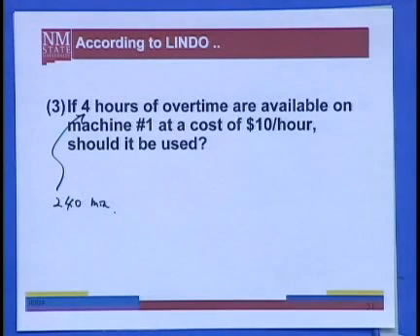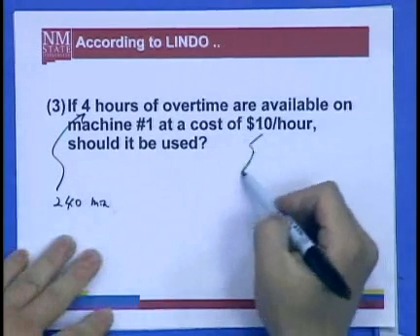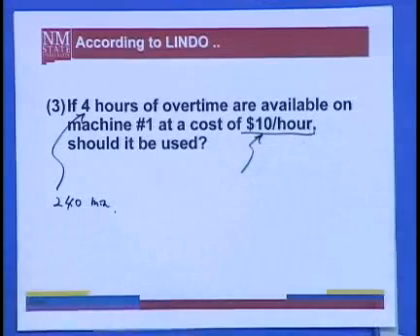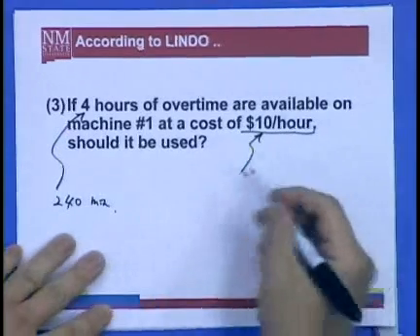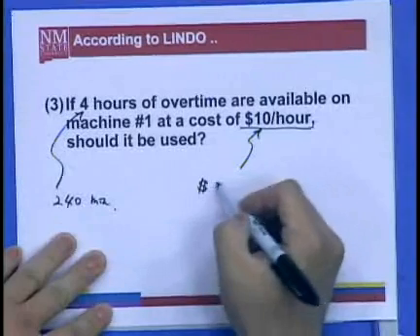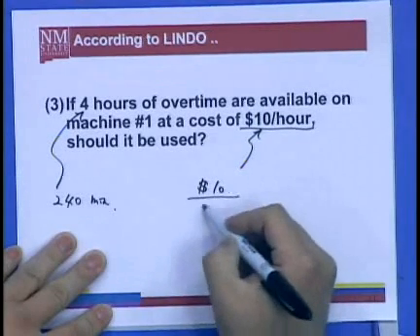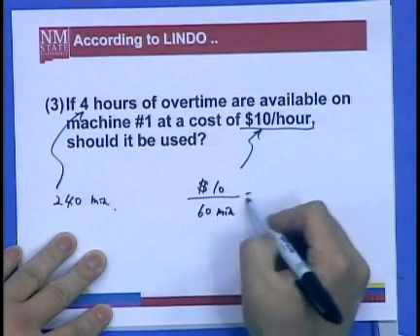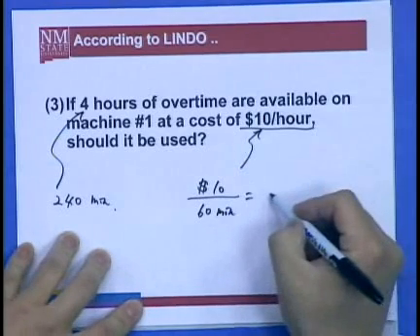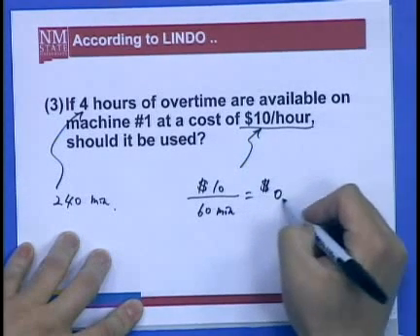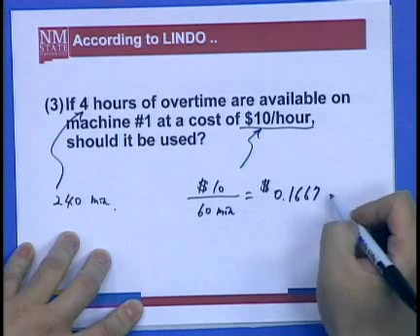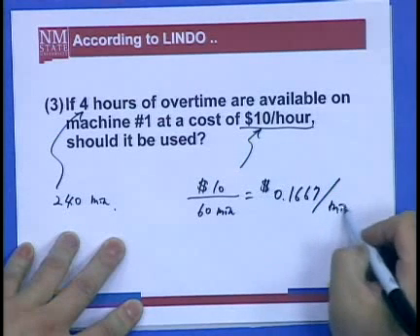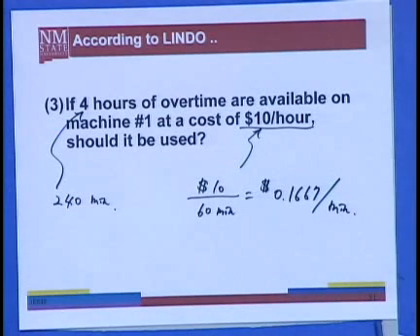And $10 per hour should be $10 per 60 minutes, which is $0.1667 per minute. So to answer this question, what information do you need to use?